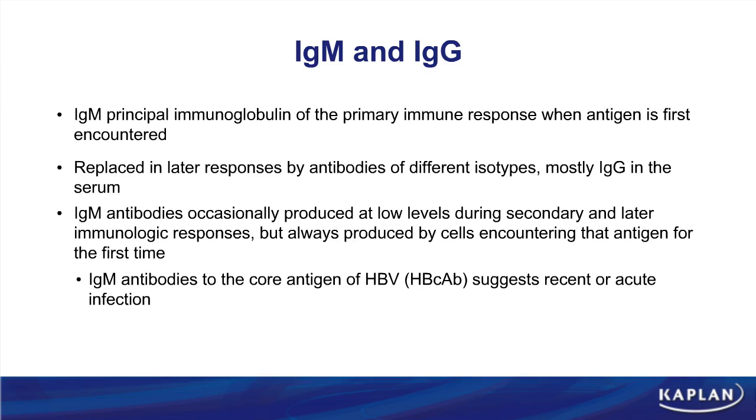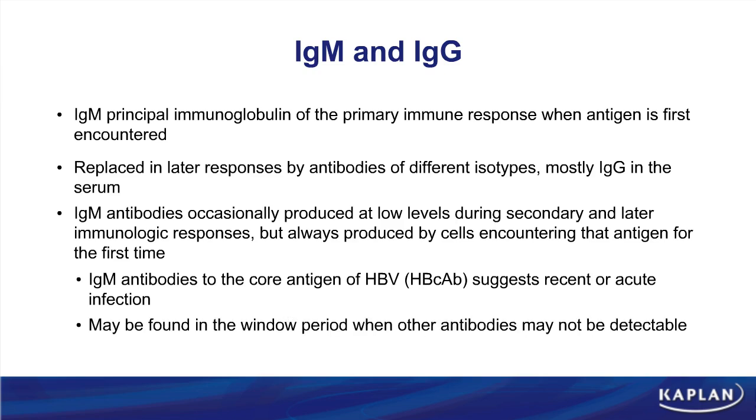And that's actually going to be a really important point when you go through the serologic panels for hepatitis B. The reason that this is so important is because we can actually find core antibodies during the window period when the surface antigen and the surface antibody are bound up together in immune complexes. That core antibody being present allows us to more accurately diagnose acute hepatitis B infections.